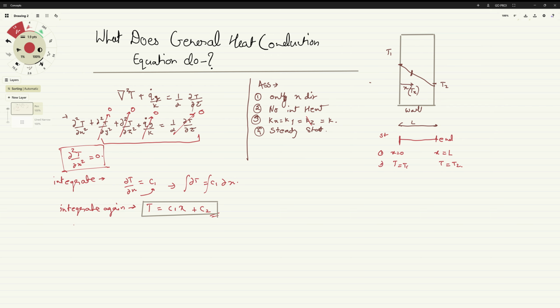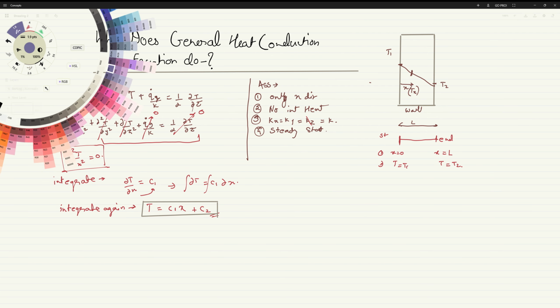Let me write it in a different color again, it's going to be easier to understand.